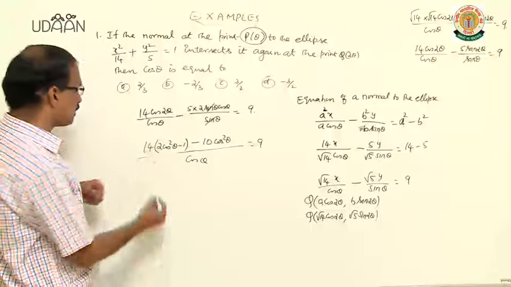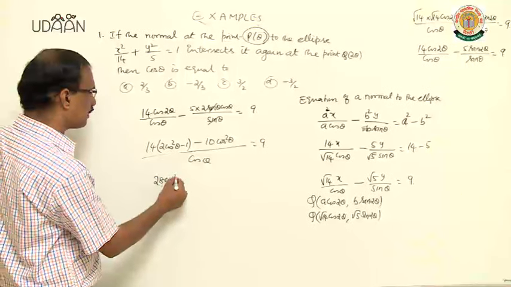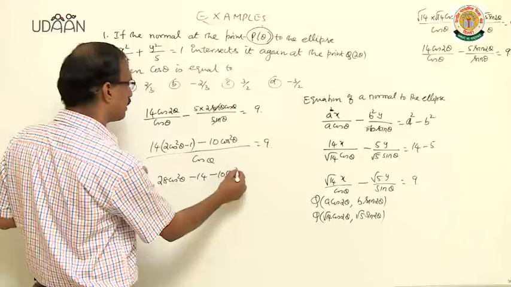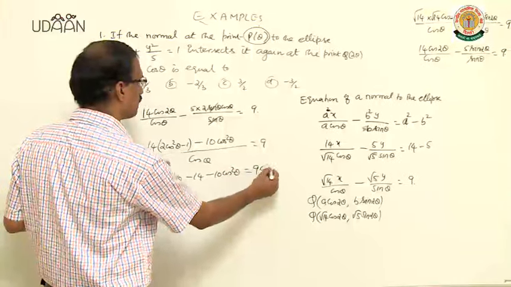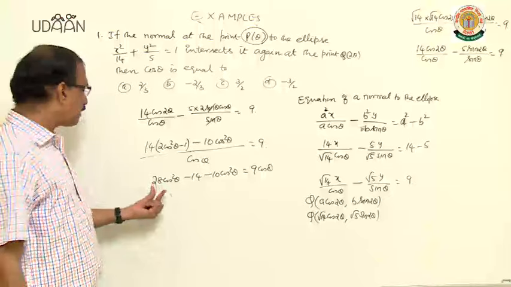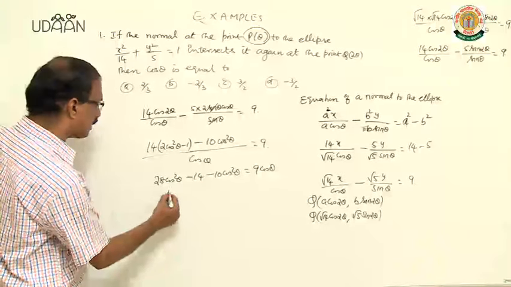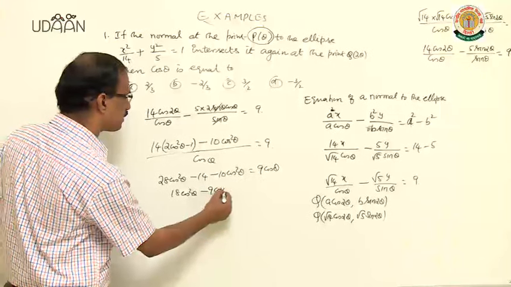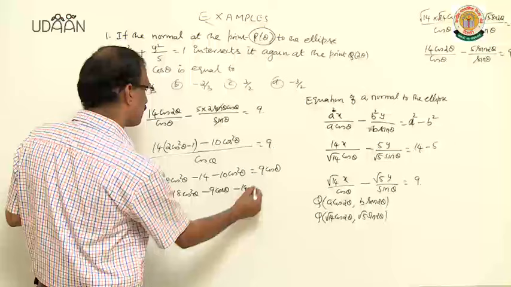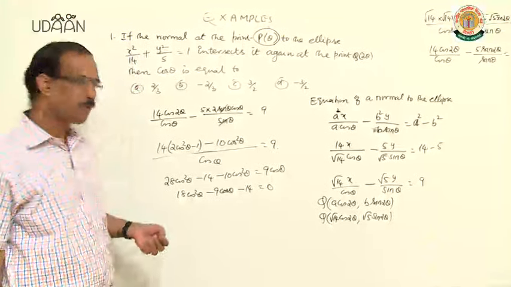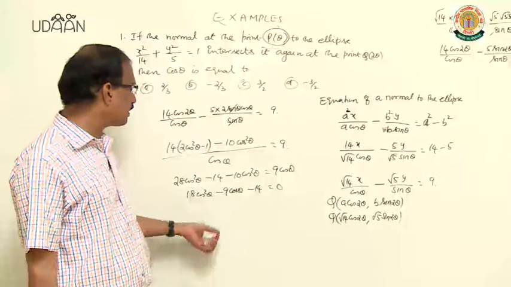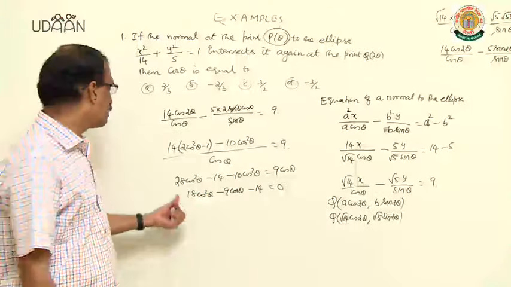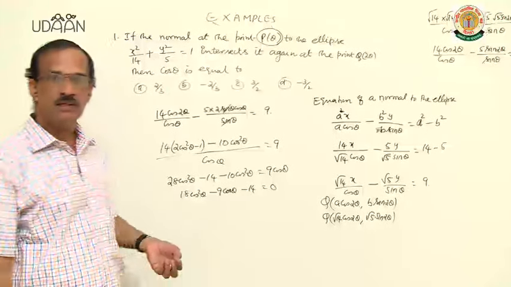So from this you get 28 cos squared theta minus 14 minus 10 cos squared theta equals 9 cos theta. Simplifying these, you get 18 cos squared theta minus 9 cos theta minus 14 equals 0. Now it is a quadratic in cos.